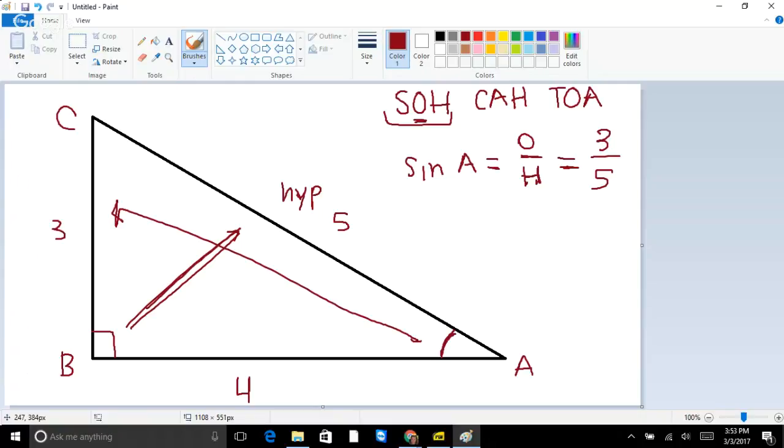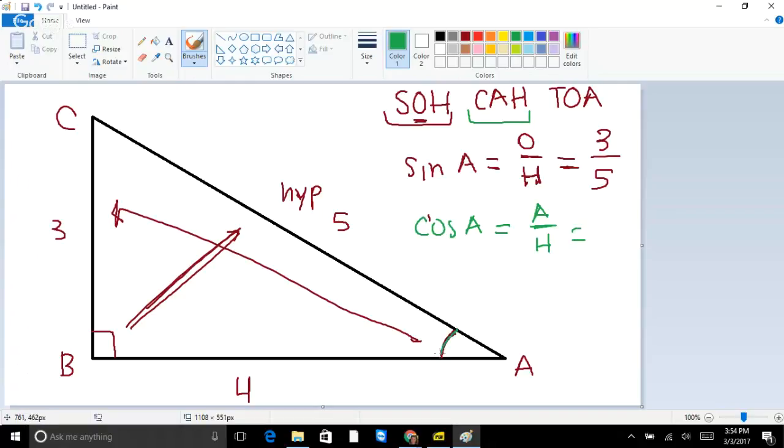Okay, if we wanted to find the, let's change up our colors here, we want to try the cosine of angle A. We're going to do the adjacent side relative to the hypotenuse. So cosine is adjacent over hypotenuse.